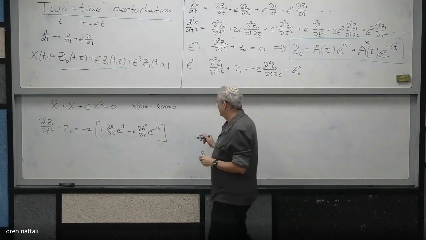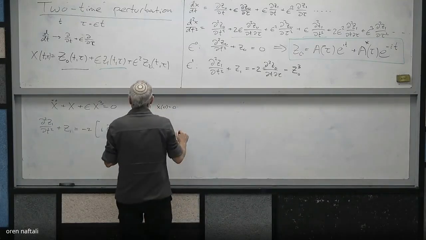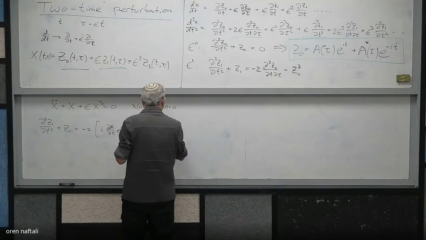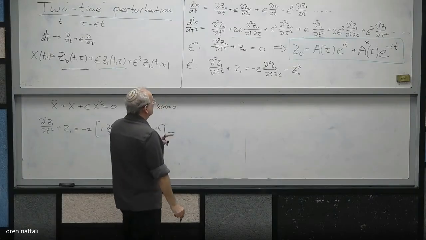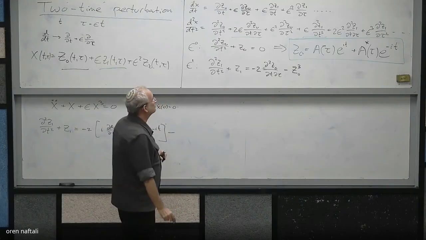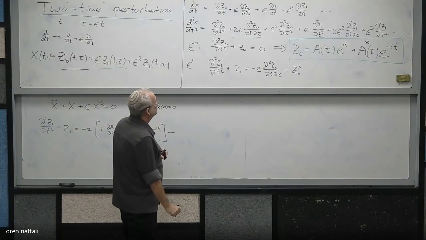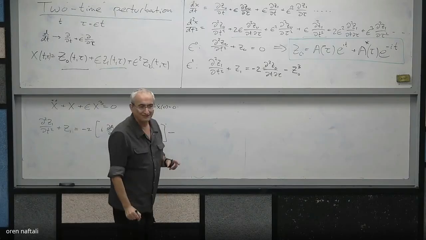Good. And now, what's the next step? Minus z naught cubed. What is z naught cubed? Let's write it in all its glory, right?